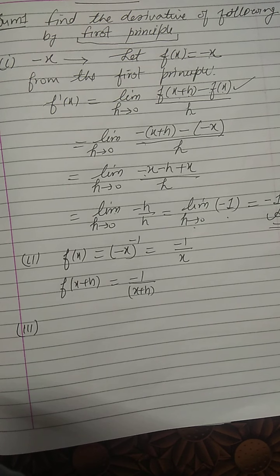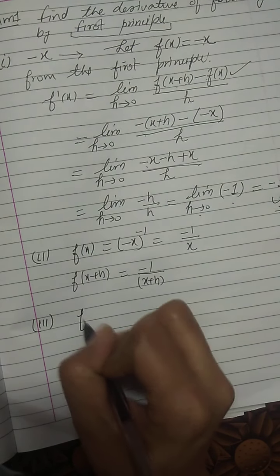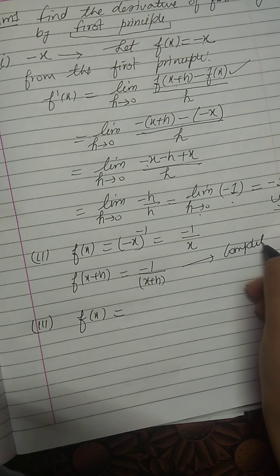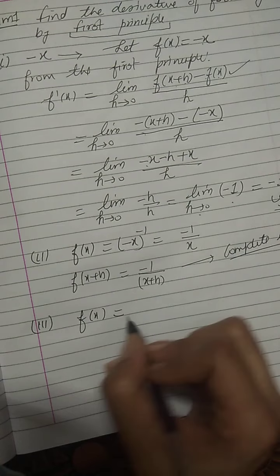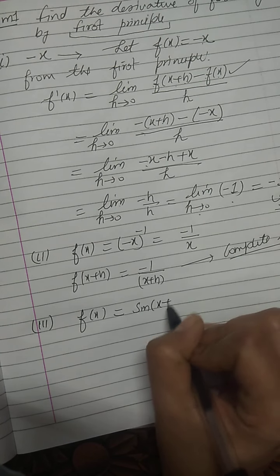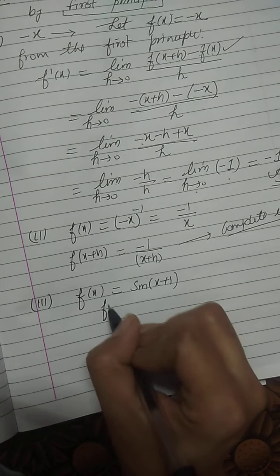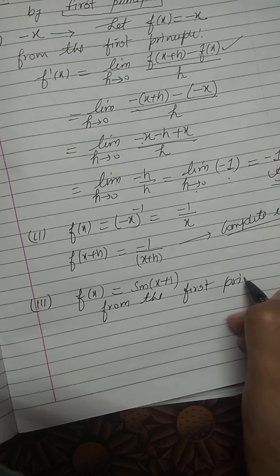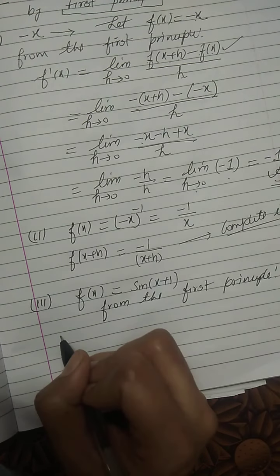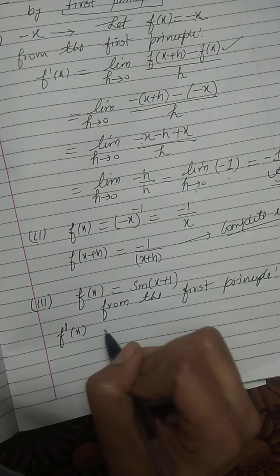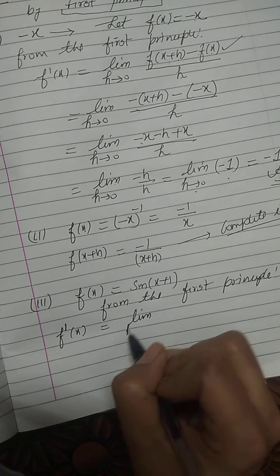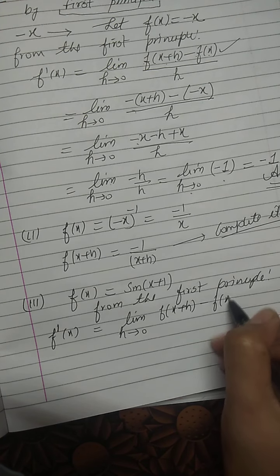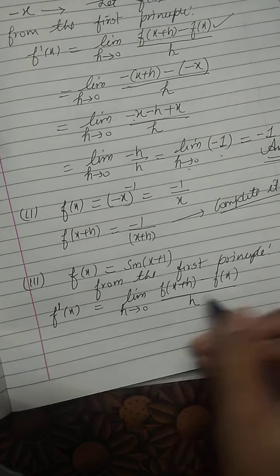And in the third part, the function is sine of x plus 1, right? So our function is given, and you people have to complete it. So we will write down from the first principle. F dash x is equal to limit h approaches to 0 f of x plus h minus f of x whole divided by h.